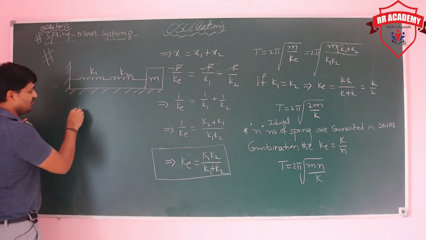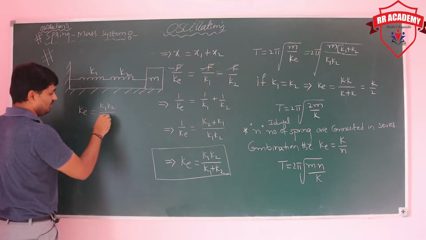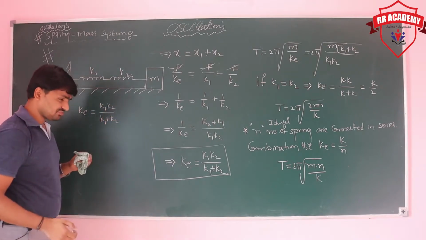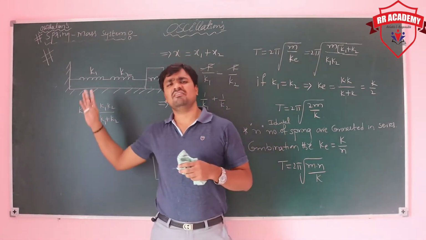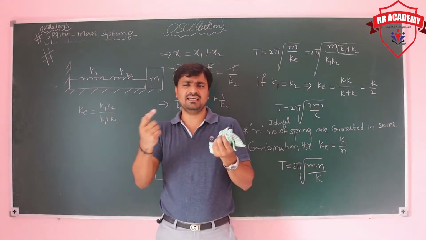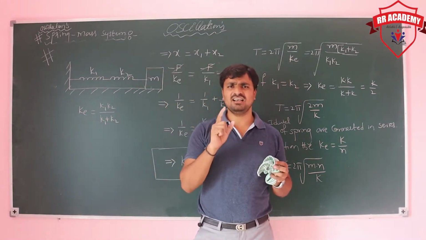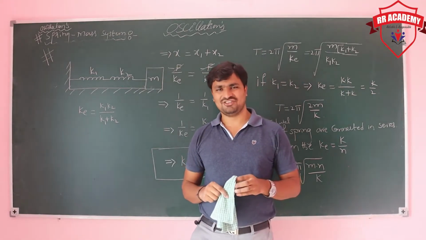Then what is the value of the K effective? Yes, K1 K2 upon K1 plus K2. Either in a vertical plane or a horizontal plane, if you are joining end to end, that combination we say is series combination.